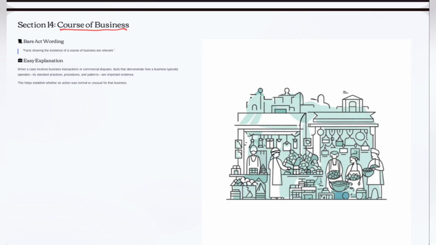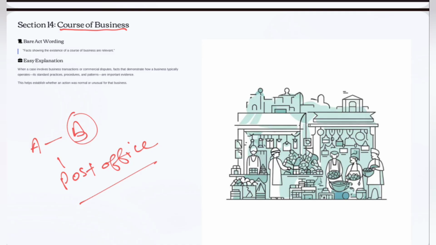For example, if A dispatches a letter to B through the post office, and the question before the court is whether the letter has reached B or not, A may prove that after posting the letter in the post office, it should be assumed that the letter would have reached B, as it is the course of business of the post office.